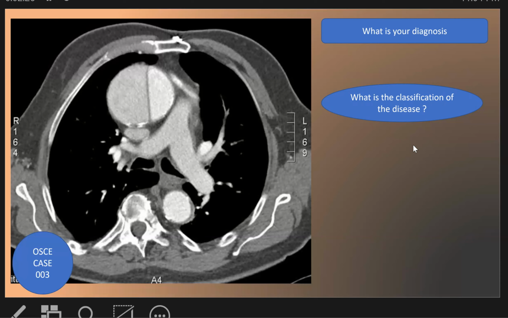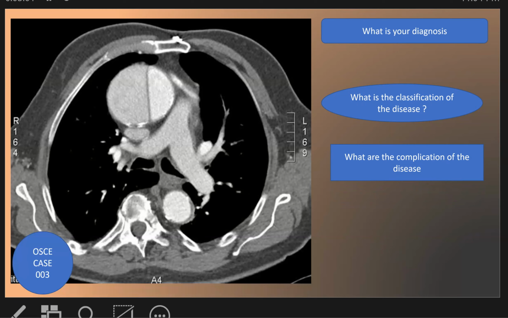As we know, we have the Stanford classification, and we have the DeBakey classification. Please go and read what is the difference between Stanford and DeBakey classification.